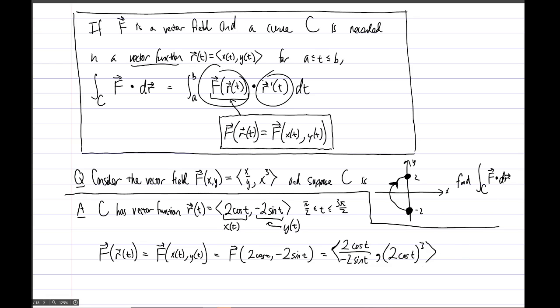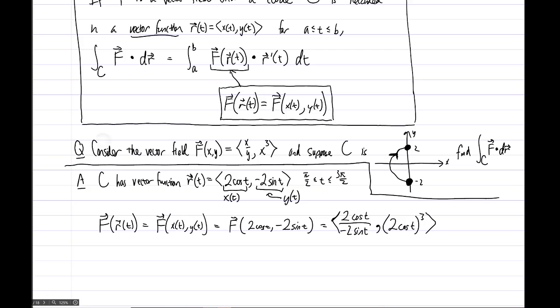We're also going to need r prime of t. So why don't we just compute r prime of t? It's been a while since we've done this kind of thing, but for a vector function, to take its derivative you just take the derivative of one component at a time. So 2 cosine of t differentiates to -2 sine of t, and then -2 sine of t differentiates to -2 cosine of t.